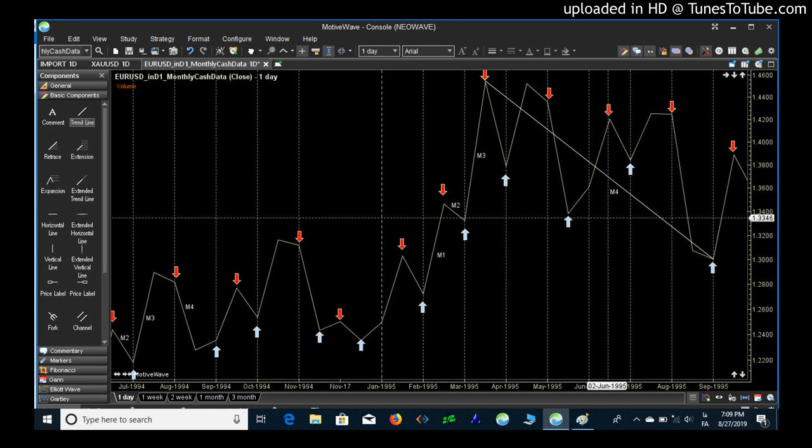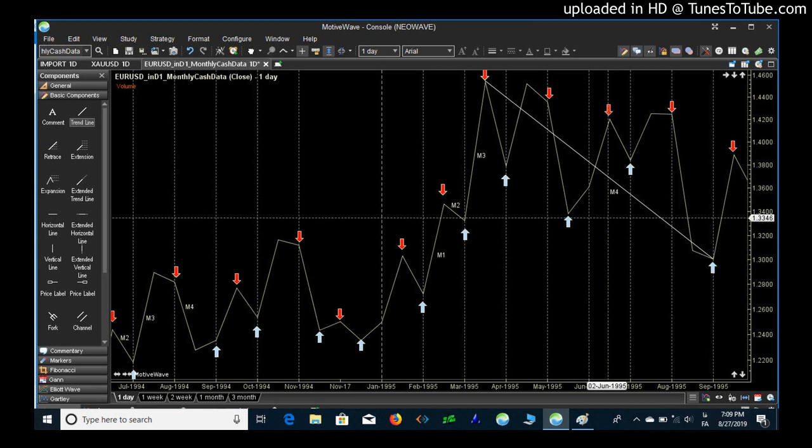So I suspect that wave 5 is the same structure as the entire pattern here, with waves 1 and 2 right around here, wave 3 a little longer, wave 4, and then wave 5 would be the extended wave. So we have a 5th wave extension for wave 5, which is itself the end of a larger 5th wave extension.